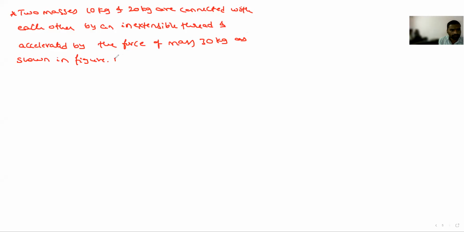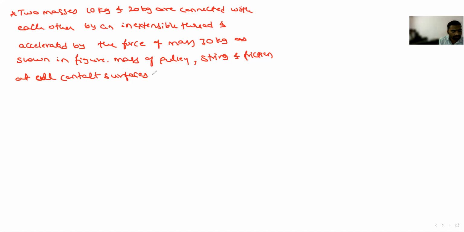Mass of pulley, string, and friction at all contact surfaces are negligible.